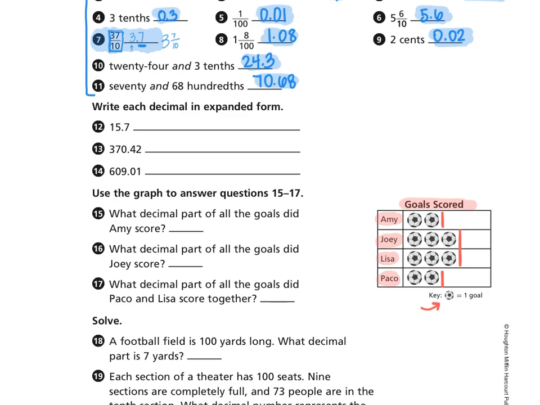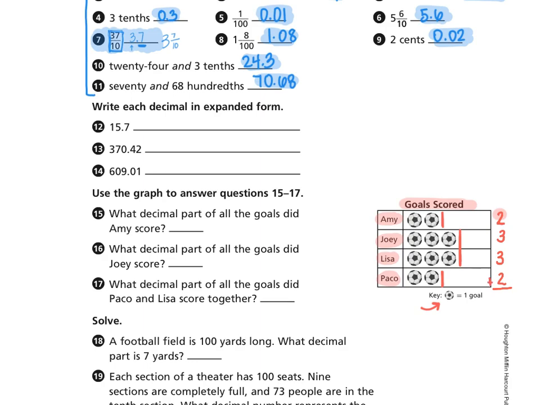Can we just count up how many total goals everyone has? So Amy has 2. Write this on your paper with me. 2. Joey has 3. Lisa has 3. And Paco has 2. How many total goals do we have all together?